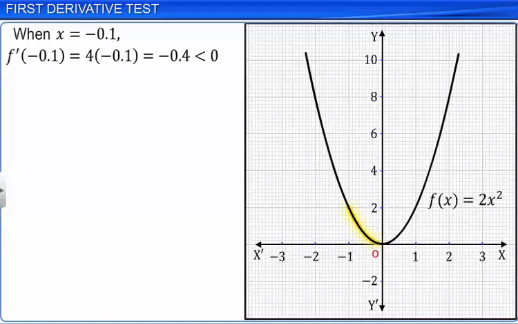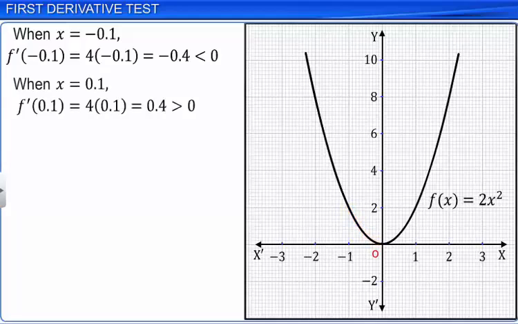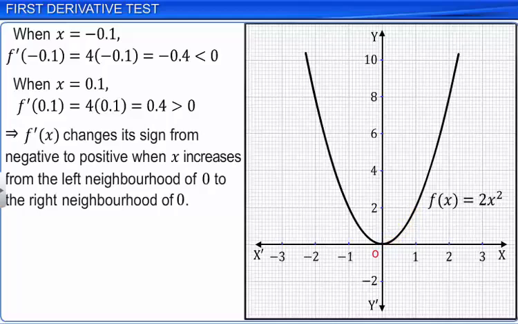Also, the sign of the derivative of function f is positive when the value of x is slightly more than 0. It means that the derivative of the function f changes its sign from negative to positive when x increases from the left neighborhood of 0 to the right neighborhood of 0. Hence, we can say that x is equal to 0 is the point of local minima.